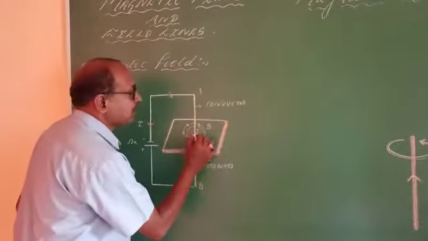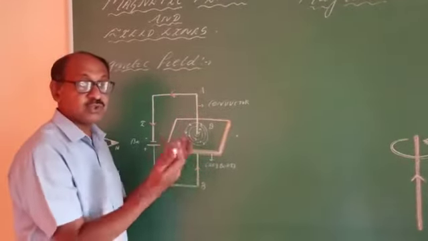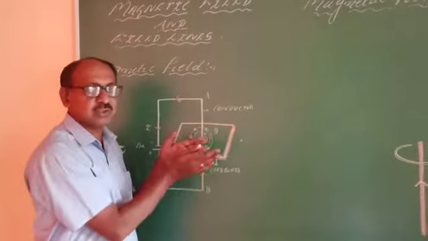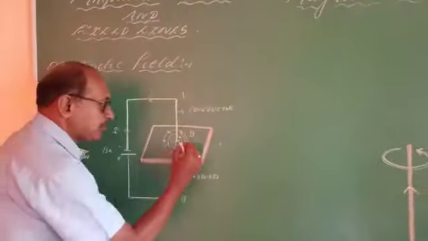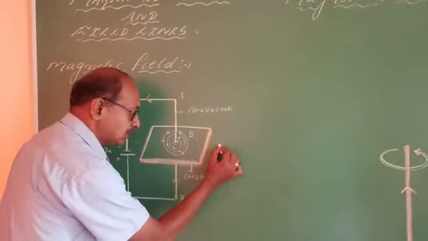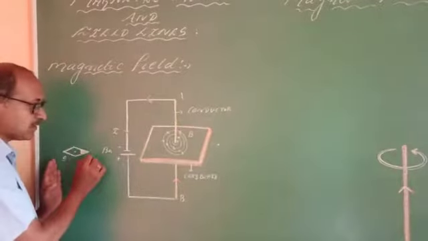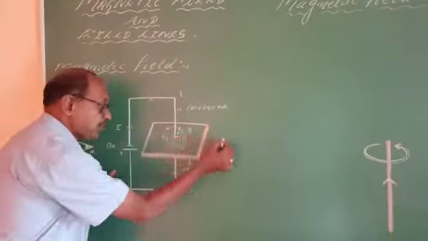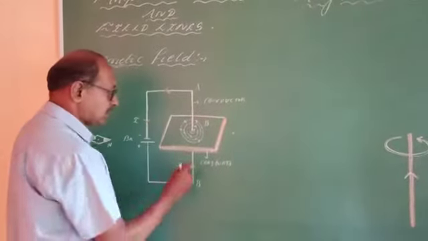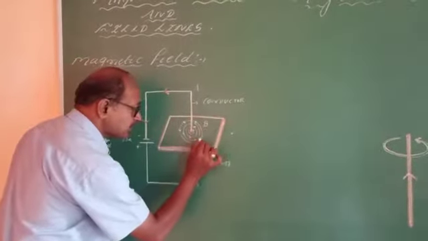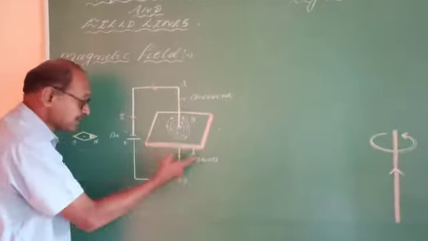Keep the magnetic needle somewhere here, it will show the north and south direction. If you keep it here, it shows the direction. It means that this is termed the magnetic field around the conductor which is carrying current.